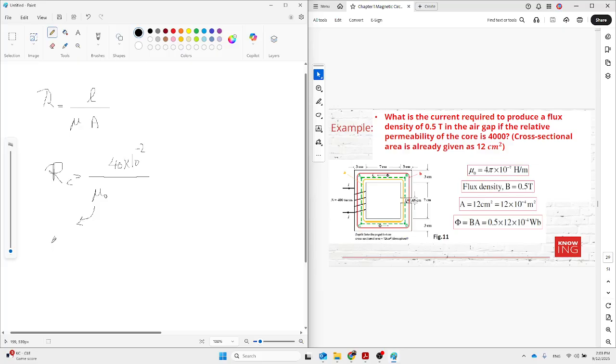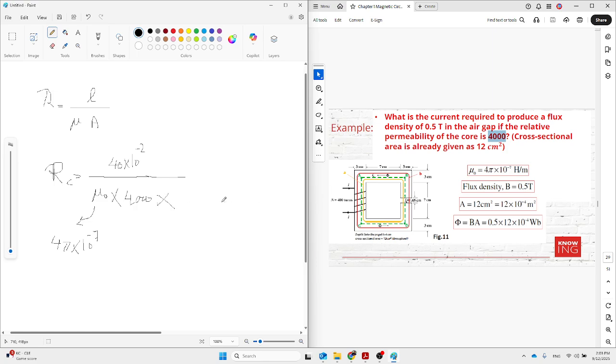Mu 0 is 4 pi times 10 to the minus 7, or it is available in your calculator, times mu r. So mu r is given here. Mu r is 4,000, correct? So this is 4,000.